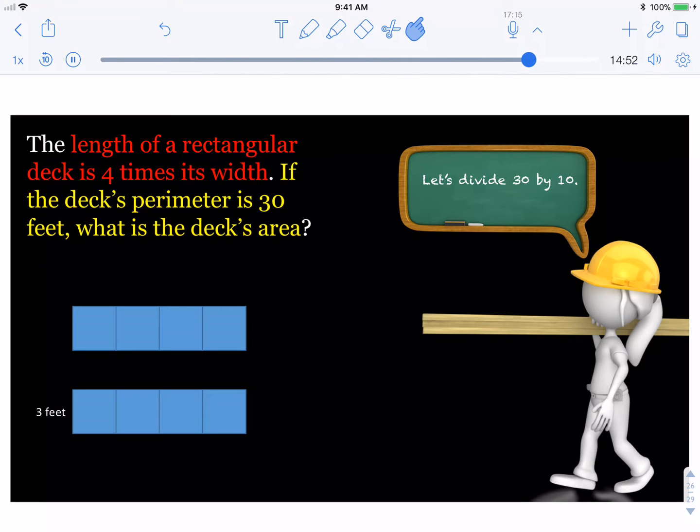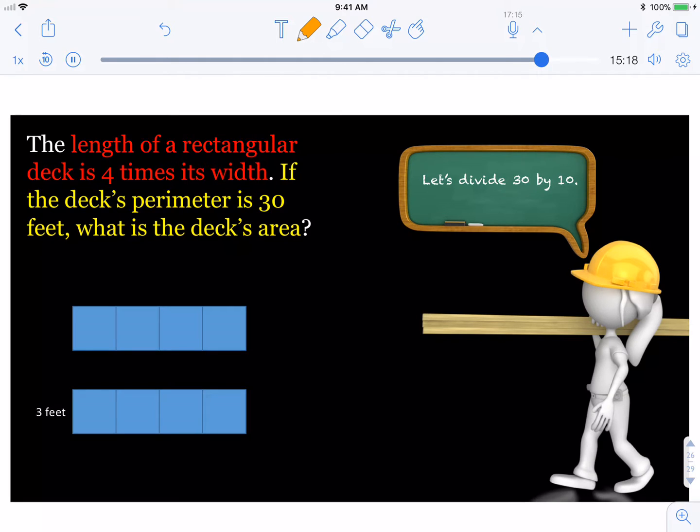The length of a rectangular deck is 4 times its width. If the deck's perimeter is 30, what is the deck's area? They're saying let's divide 30 by 10. Why would I divide 30 by 10? The reason is that's how many parts you have around this rectangle.